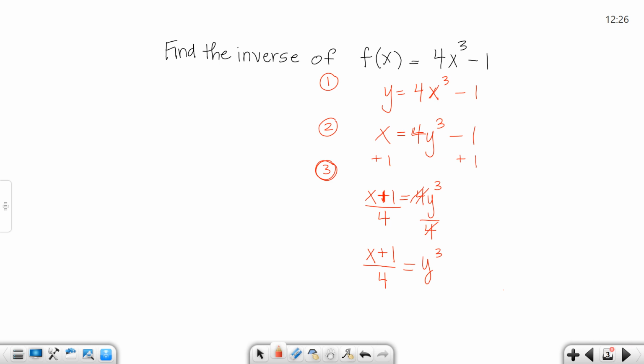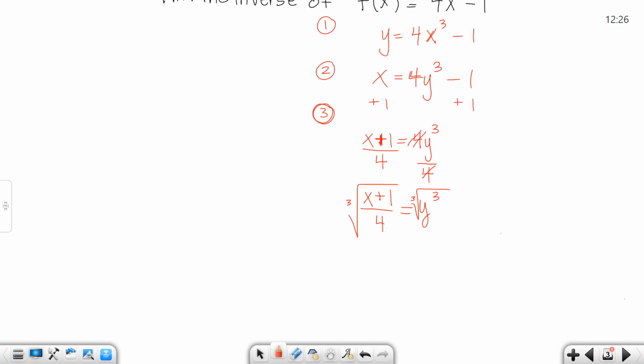The way that you get rid of an exponent, the inverse operation, is to take the root of it. So to get rid of a 3 exponent, we would just take the cubed root. So I get the cubed root of x plus 1 over 4 equals y. Well, now y is by itself. So since y is by itself, that's going to be my answer, the cubed root of x plus 1 over 4. And that's going to equal f inverse of x.